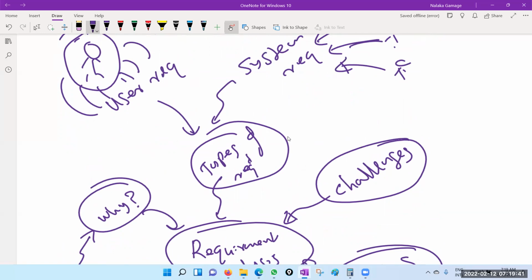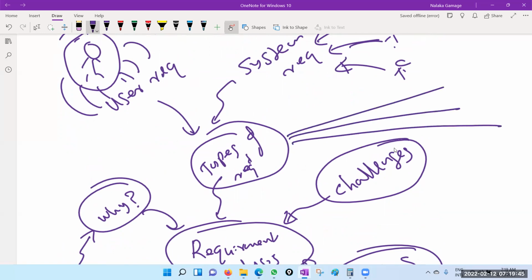There's another way we can classify. That is functional requirements, non-functional requirements. And some people add a third type as well. It's sort of a variation of functional requirement called domain requirement.